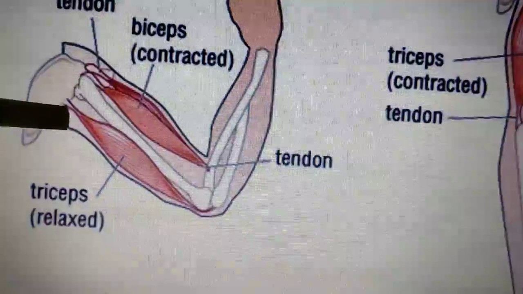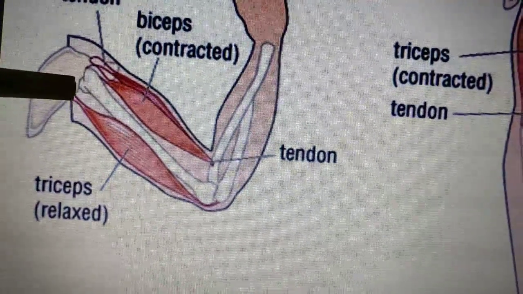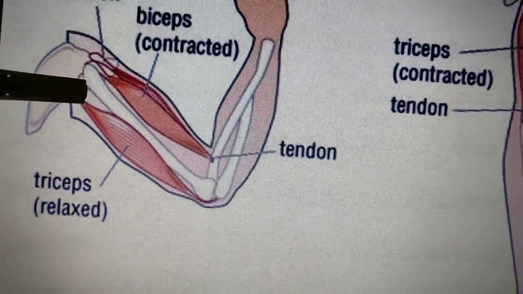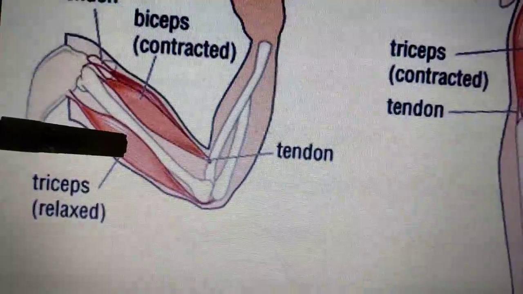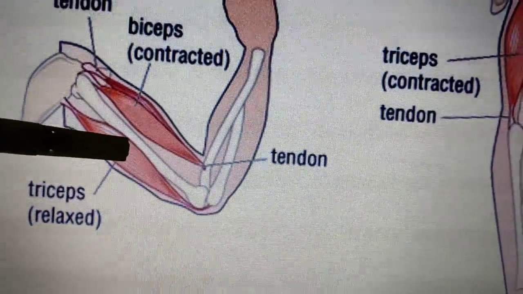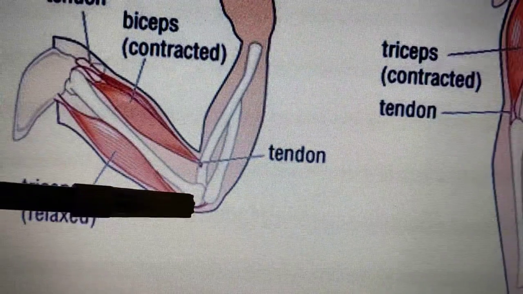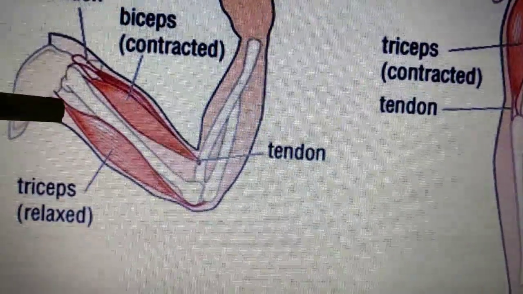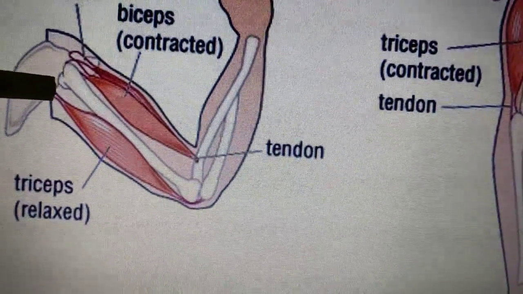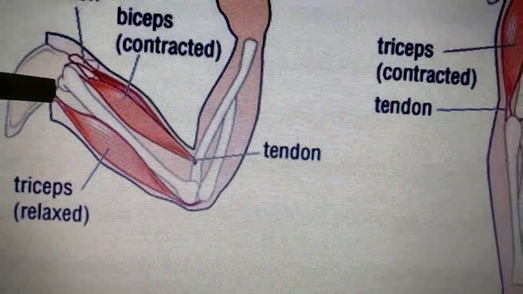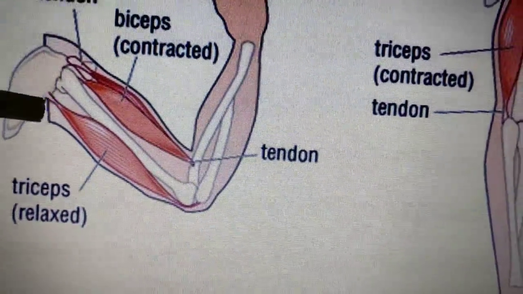Okay, so this we call the origin, where the muscle starts, and this we call the belly, the flesh of the muscle, and the final third part is the insertion. The origin is the part that has a fixed characteristic. It is going to be fixed here and shouldn't have any movement.